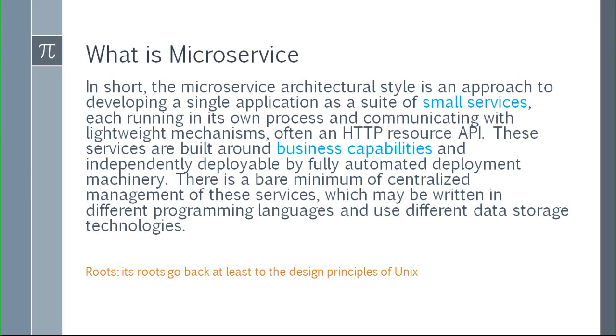For example, in a monolithic system we have order, recommendation, membership all in one place in a monolithic application. But in a microservice architecture, we have a service responsible for order, another service responsible for membership, and another one responsible for recommendation.